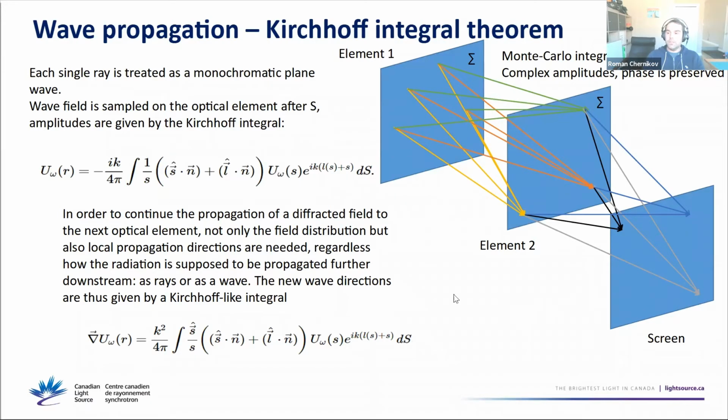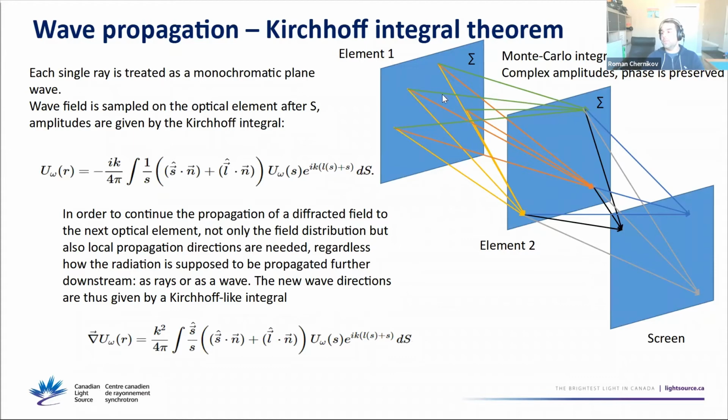Basically, the most important part there is this sum in the middle. Yeah, so we take care of the directions. There'll be one more slide later to illustrate this. So in general, we do treat every ray as a plane wave, and then we see how these waves are interfering.